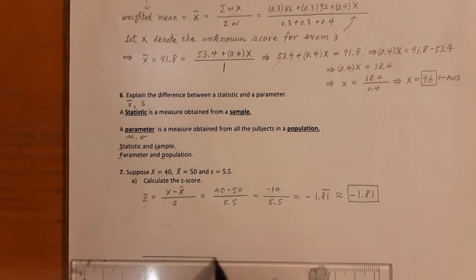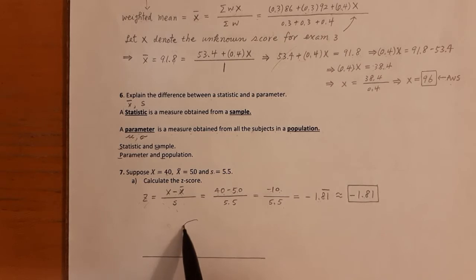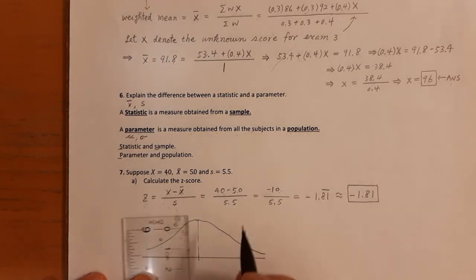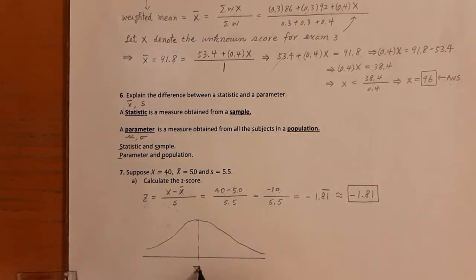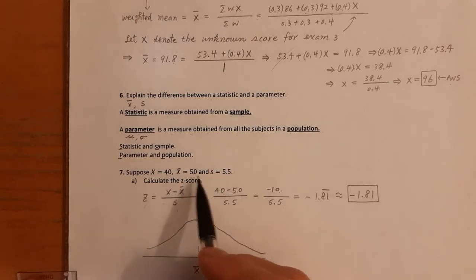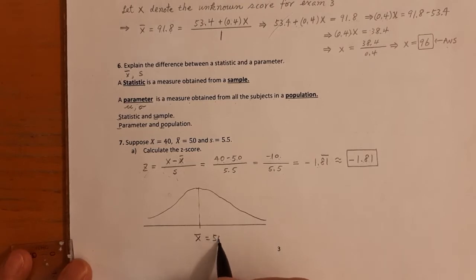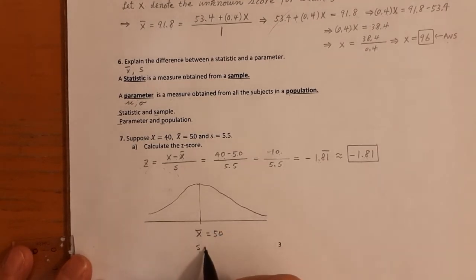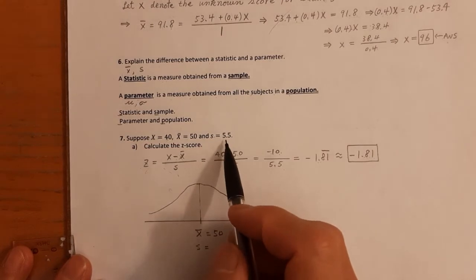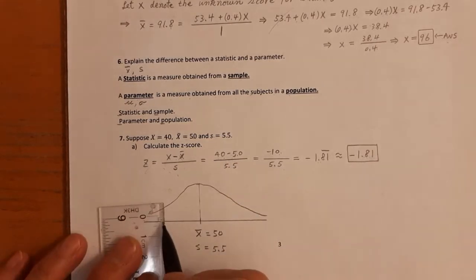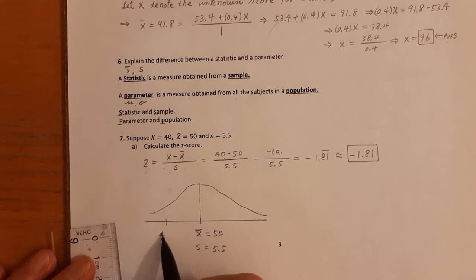Here is the normal distribution. Sample mean is given, it's 50. Standard deviation is 5.5. So here 40 is x.